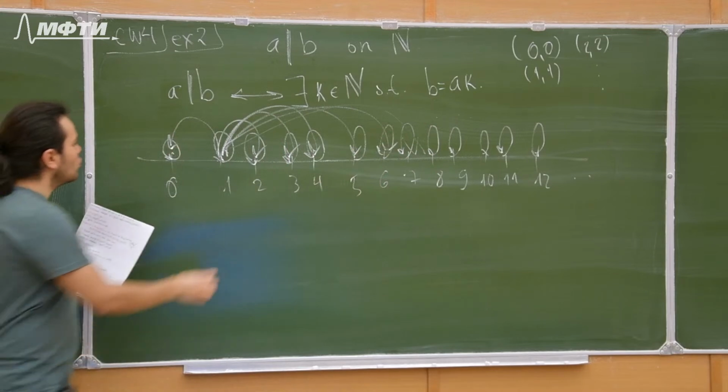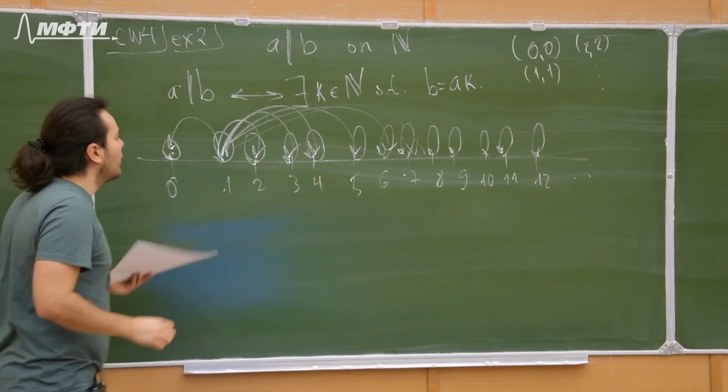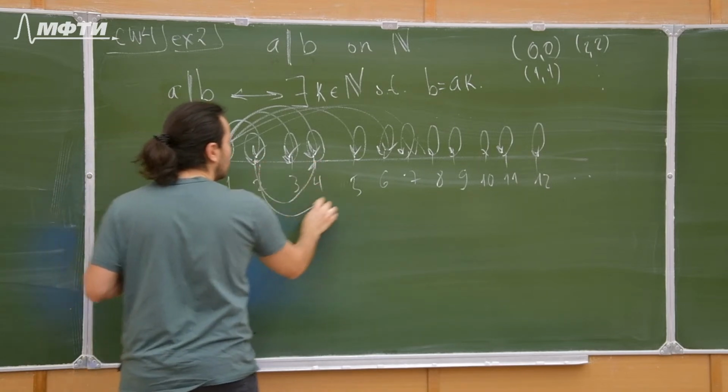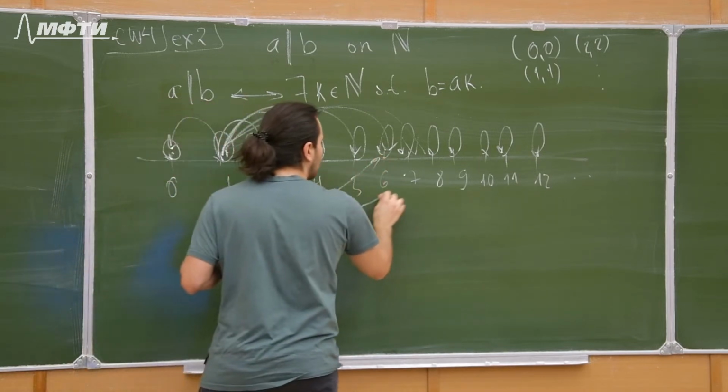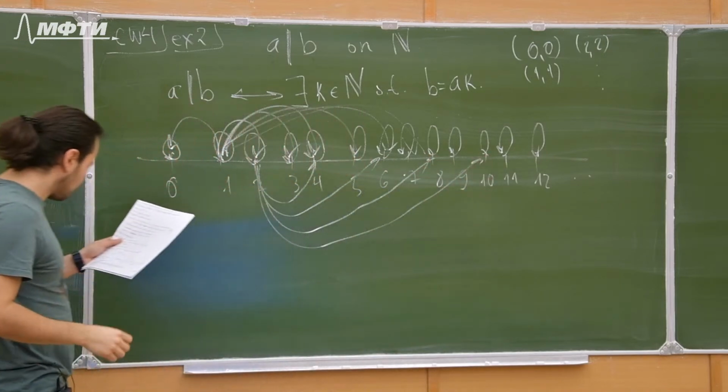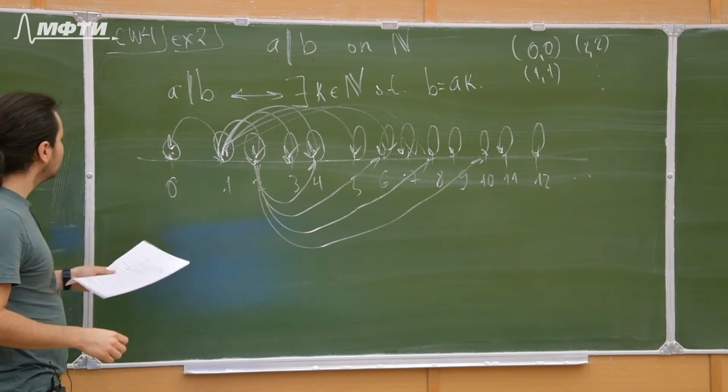And then for 2 we have all the even numbers: 2, 4, 2, 6, 2, 8, 2, 10, and so on.